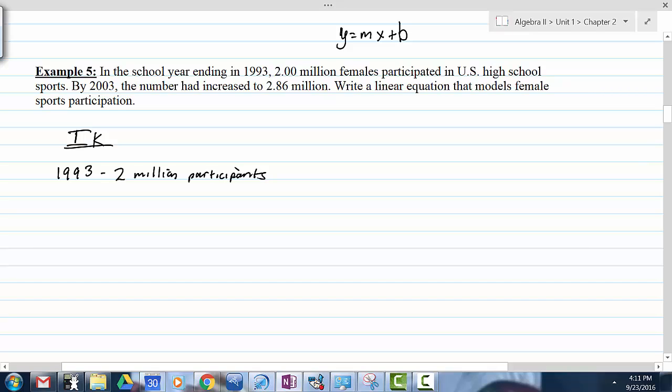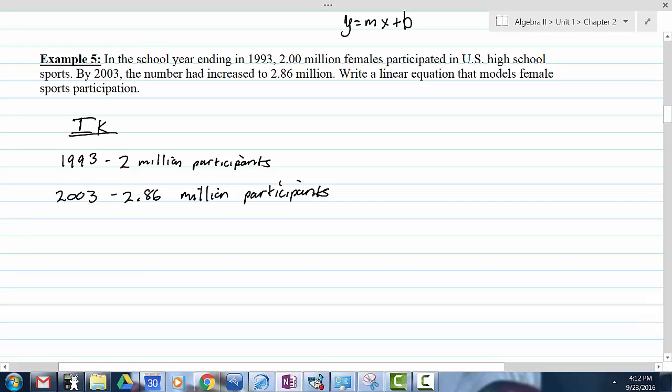The other thing you know is in 2003 you had 2.86 million participants. That's what we know, right? You only know what happened in 93 and in 2003. That doesn't mean you know what happened in between, just in those 2 particular years, right?